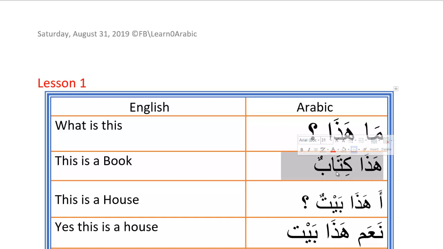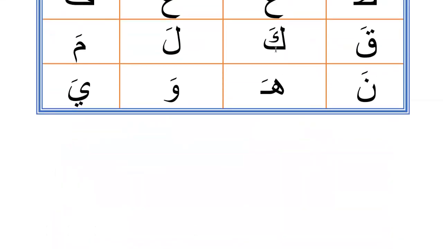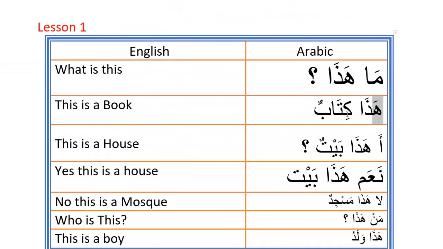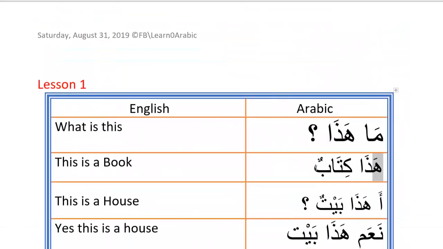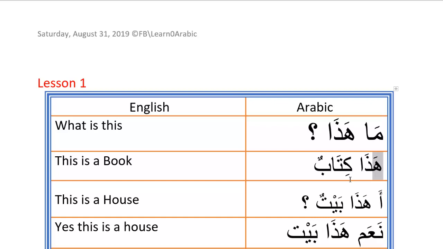I said هذا كتاب. هذا. Okay, look. Dha, alif, kaf. Here is kaf, you see, but not with fatha. This is not fatha. Remember, this would be the next sign of Arabic letters.